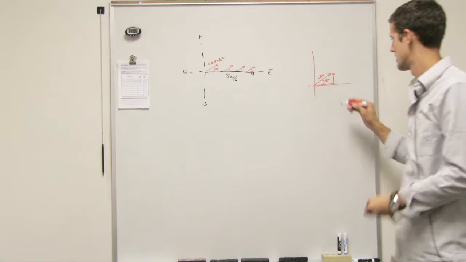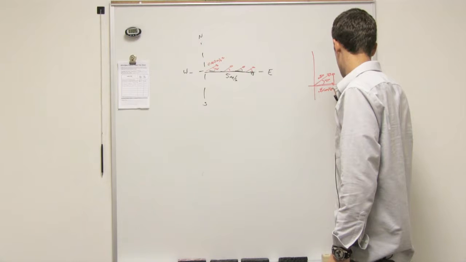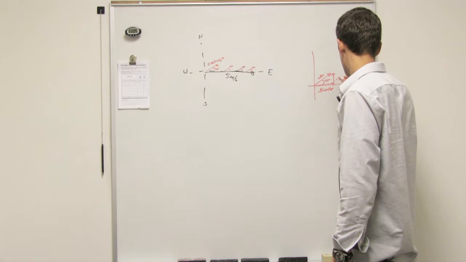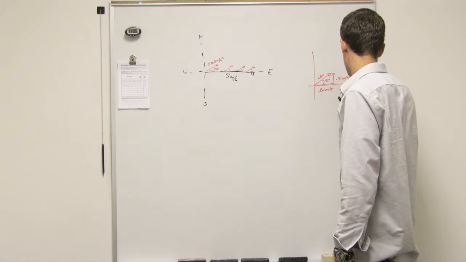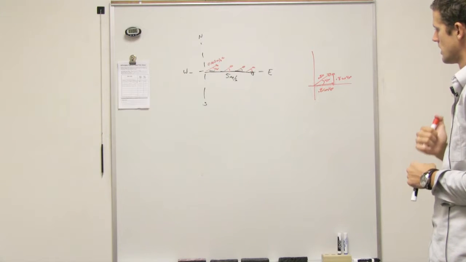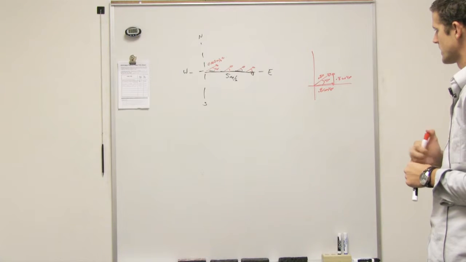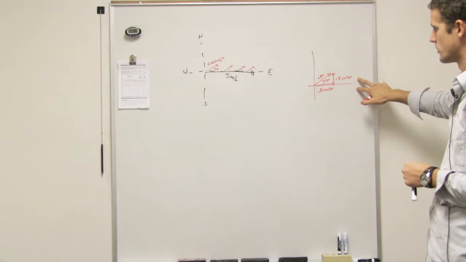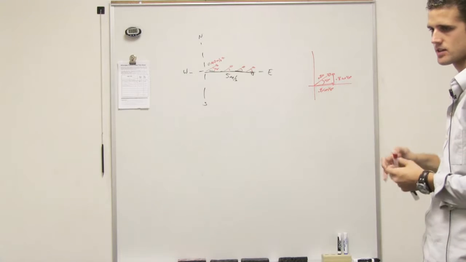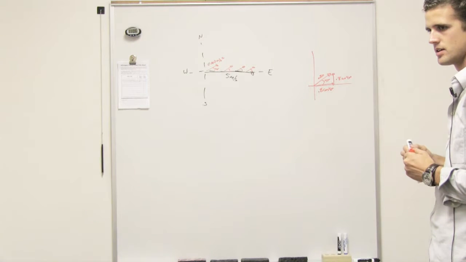It's going to be cosine 40. Yeah. Sine. So after 6 seconds of this acceleration, what will the change in velocity be?